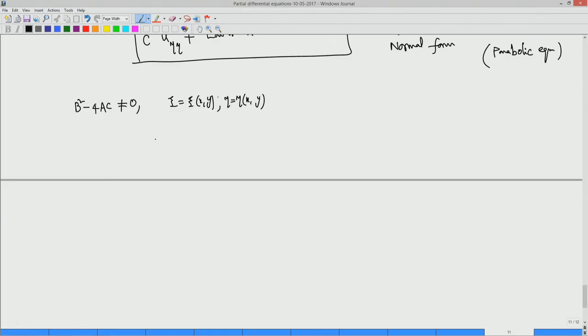In these variables, what you got is B star into u xi eta plus lower order terms equal to 0. Since we have seen that B star is non-zero, you can divide it, and it will be absorbed into the lower order terms, equal to 0.